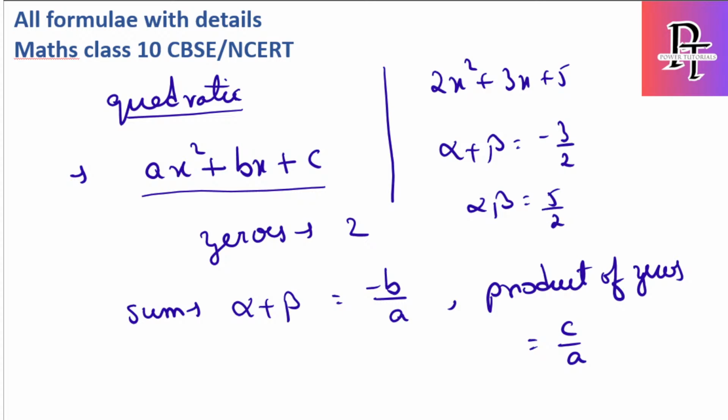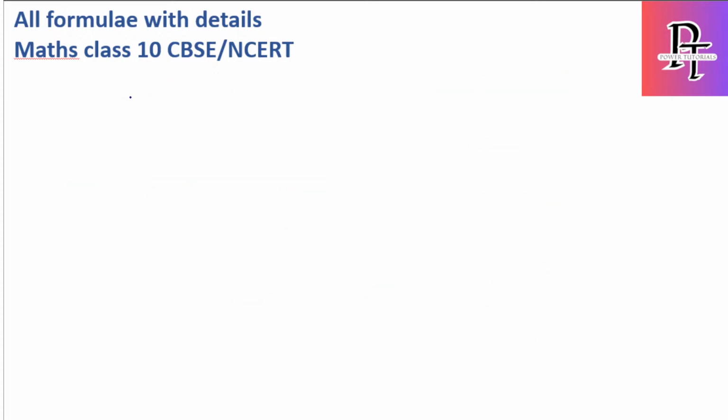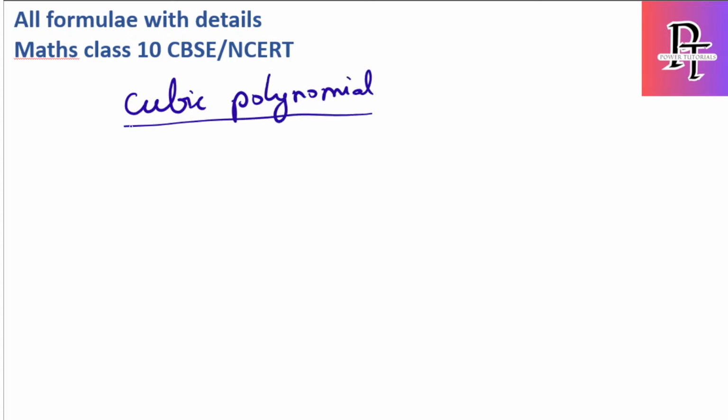Okay, let's see the cubic polynomial, the sum of zeros and product of zeros. For a cubic polynomial, the equation is ax cube plus bx square plus cx plus d, because the highest power should be 3.